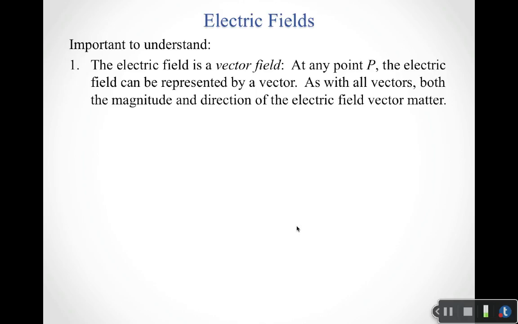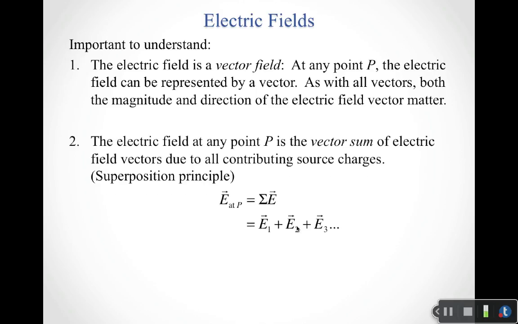At any point P, the electric field can be represented by a vector. As with any vector, both the magnitude and direction of the electric field vector matter. And if we have multiple contributions, so multiple charges that are contributing to the electric field at some point P, then we've got to take the vector sum of all those contributing source charges to figure out what the electric field is at that point.